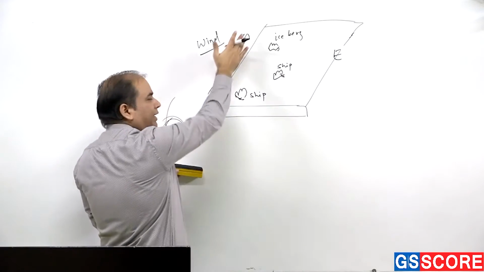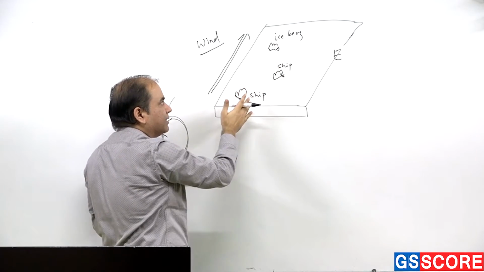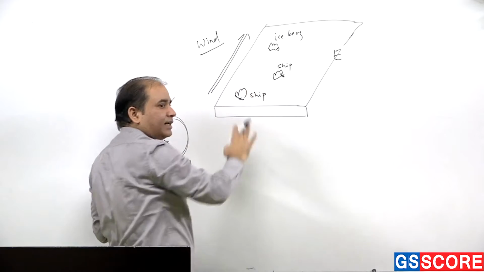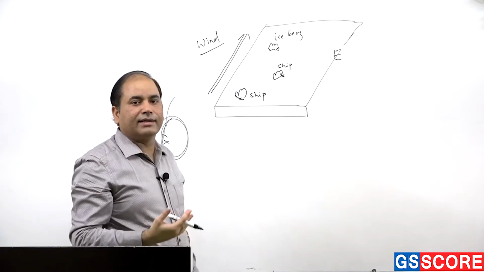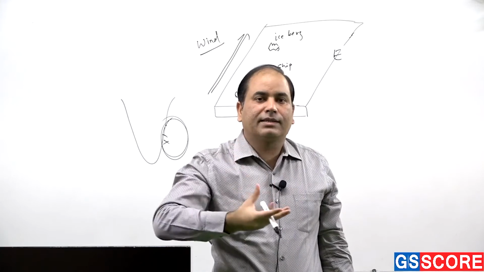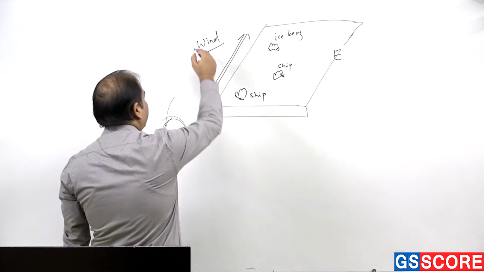Because the wind is blowing in this direction, these icebergs, these free flowing shapes should also move in this direction, because ultimately the energy that the oceanic water surface is getting is mostly coming from the wind.